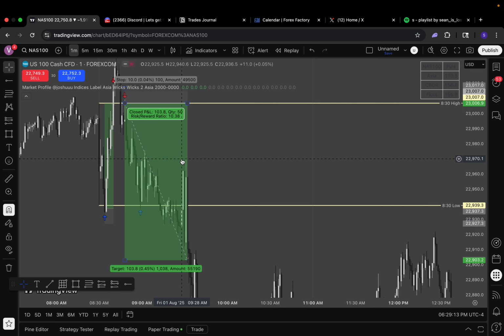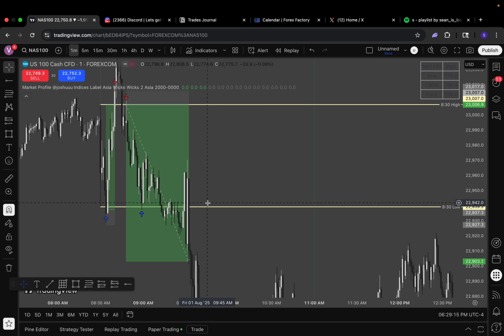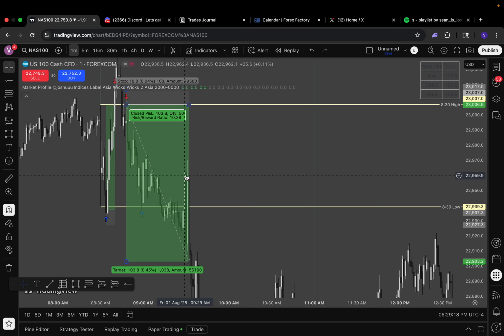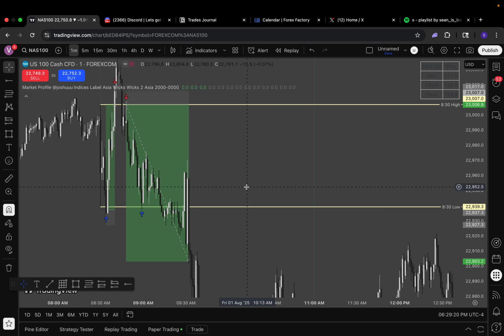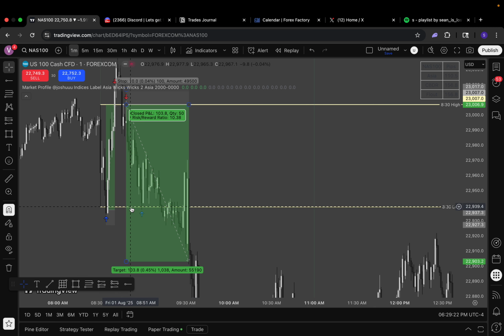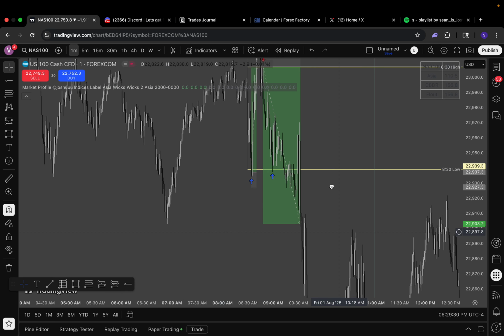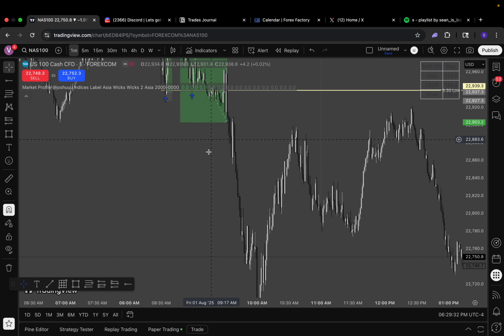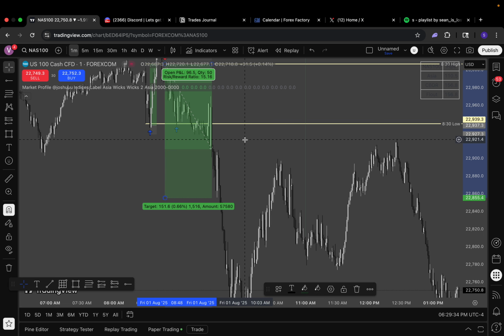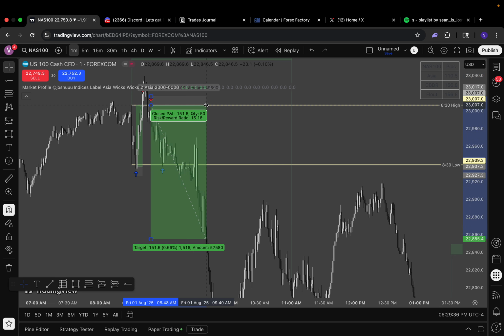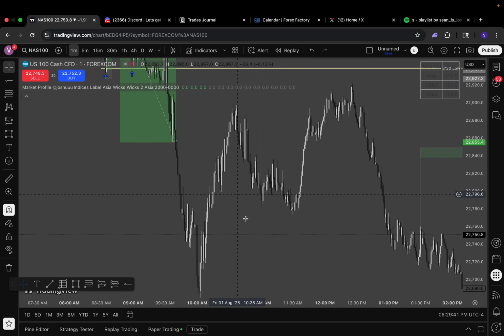But then again, you would basically be gambling, because 9:30 is right here. So after this, you take off half your position, and then you put your stop loss on break even, and then just trail your stop, maybe.